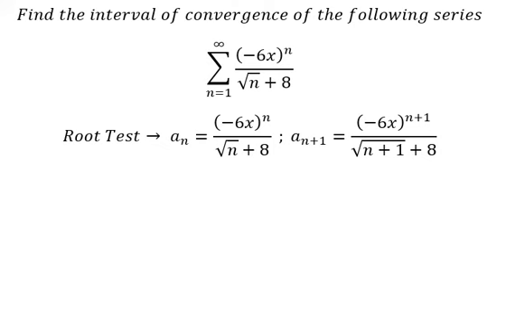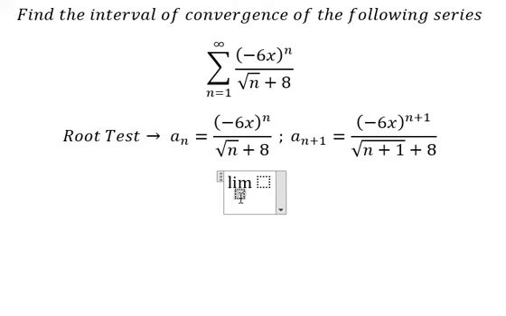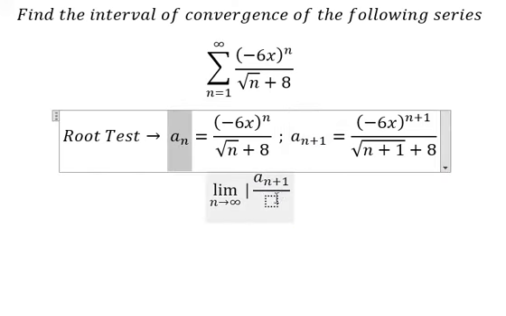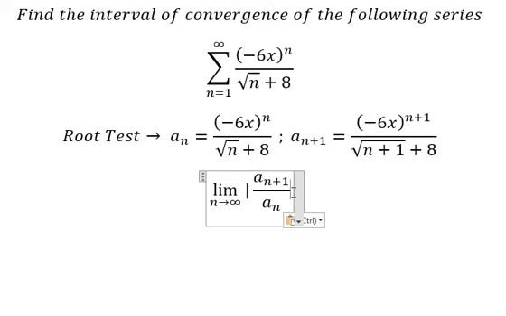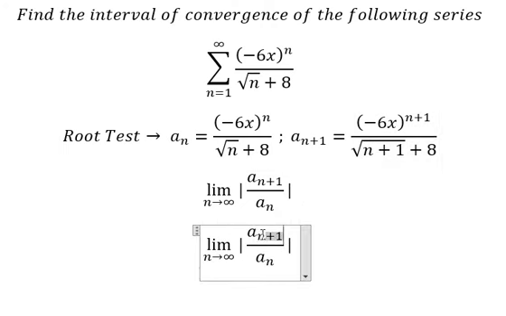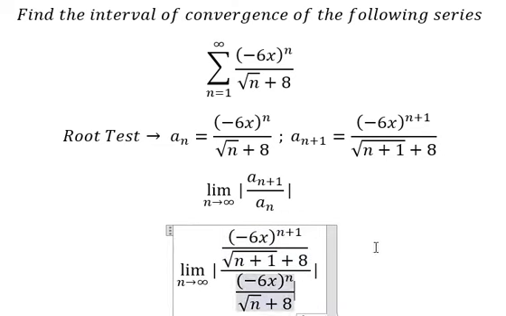Now we put inside the limit, and n goes to positive infinity, and we have the absolute value of a_(n+1) over a_n. Next, we put this one in here and this one in here.